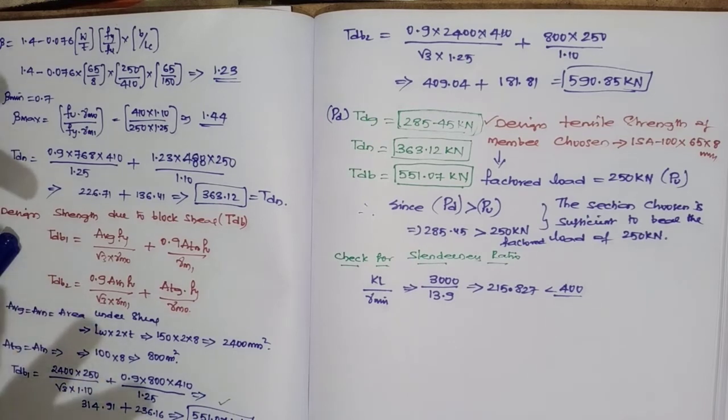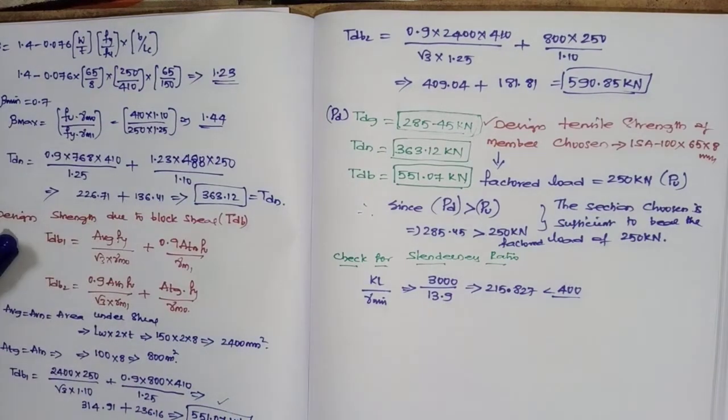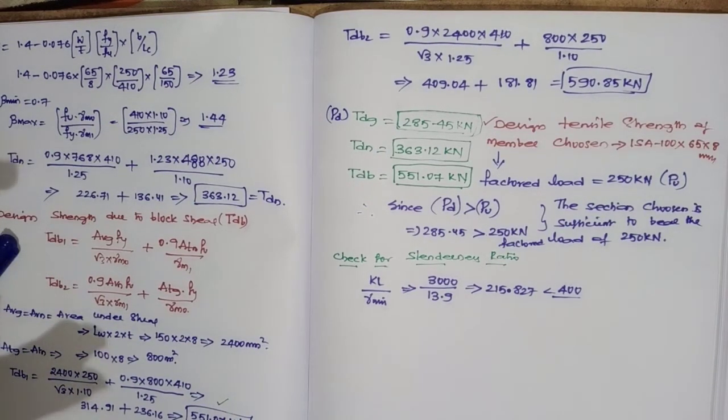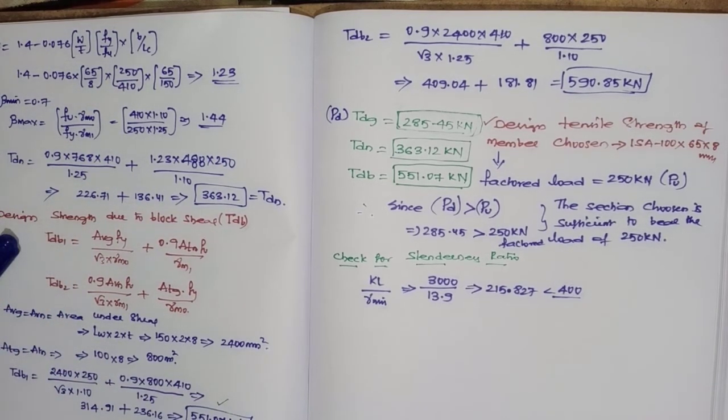If I take an equal angle, it may pass, but the load carrying capacity may differ. So that is the reason the design problem values will not be the same as other persons'. Even though the question and the load are the same, it will differ in the choice of section. Some will take an equal angle section, some an unequal angle section, some will take the percentage of area increment as 10%, some 25%, like that it will vary.